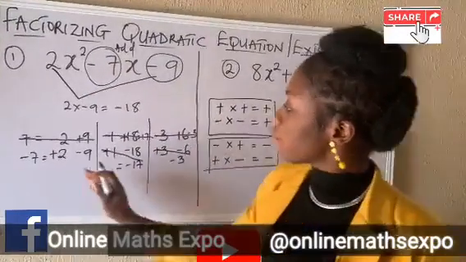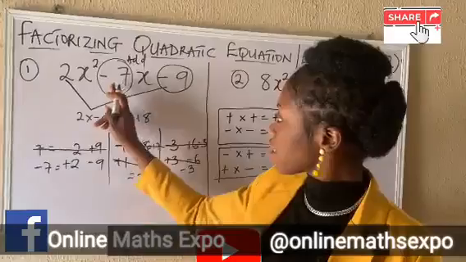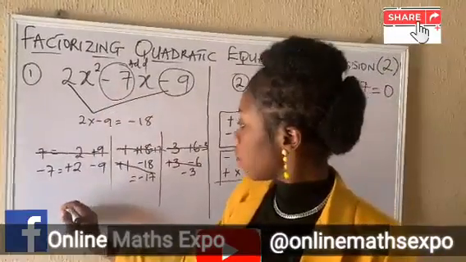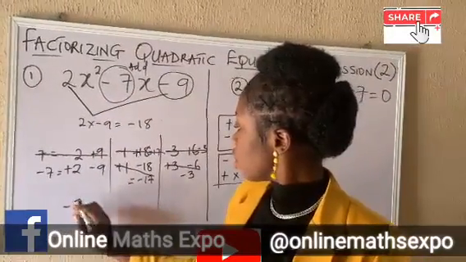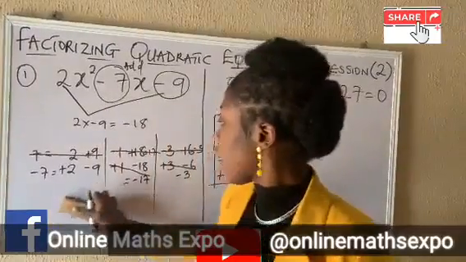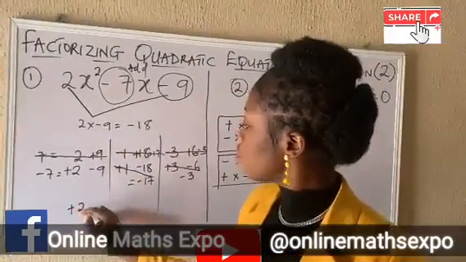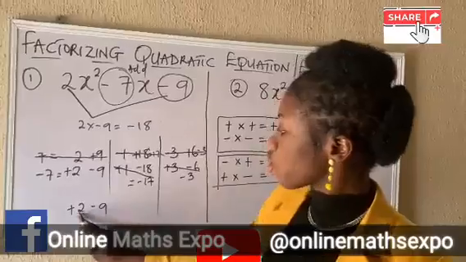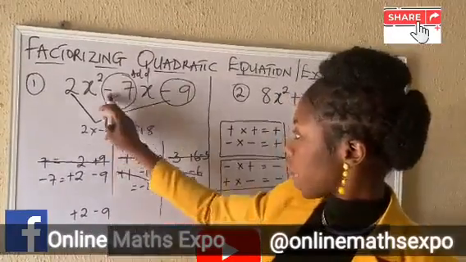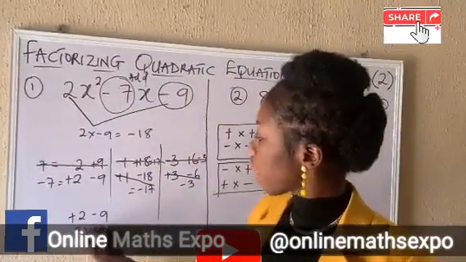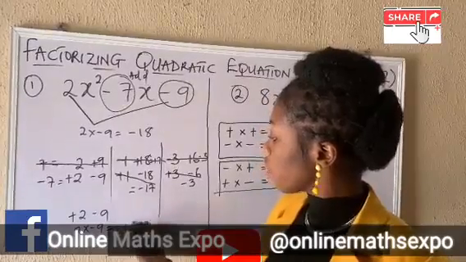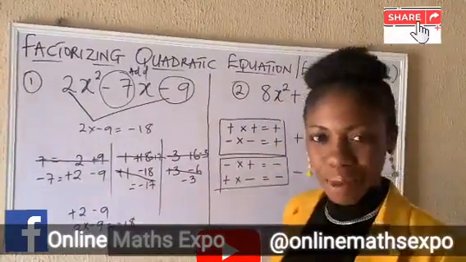So the only two numbers that will give minus 7 are plus 2 and minus 9, because 2 minus 9 will give us minus 7 and 2 times minus 9 will give us minus 18. I hope you are still following.